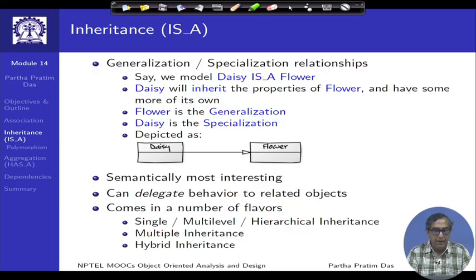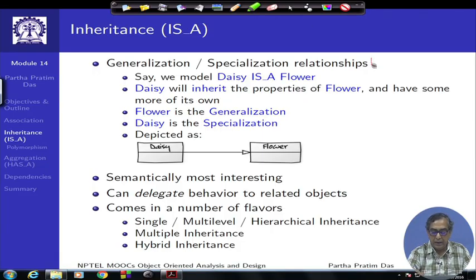So, I will be very brief this time, because the concept of inheritance, as you learnt in terms of objects, is very similar in terms of the classes from which the objects actually arise. So, inheritance, as you know, is a generalization specialization relationship.